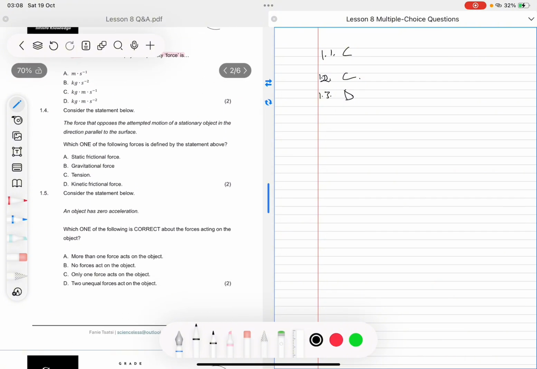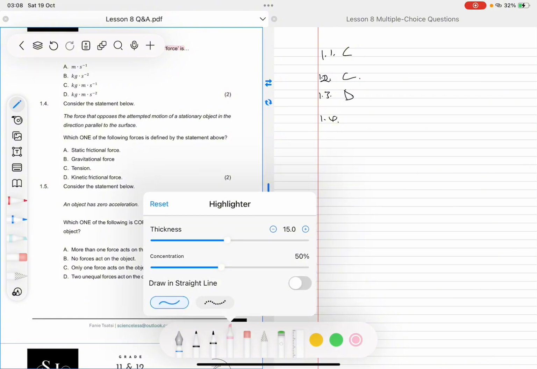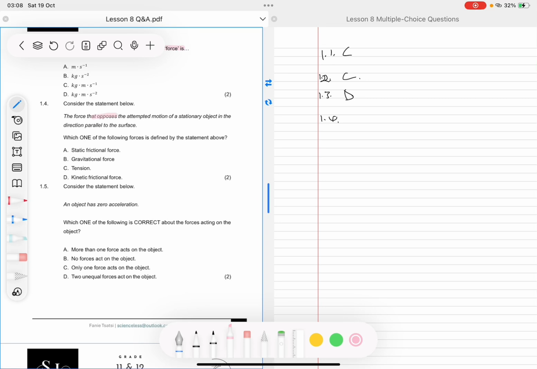Now we'll jump into question 1.4. They say consider the statement below. The force that opposes, that's your first clue, the attempted, that's the second clue, motion of a stationary object in a direction parallel to the surface.